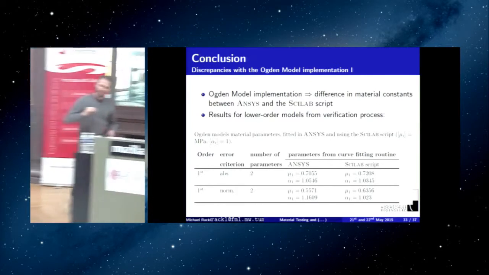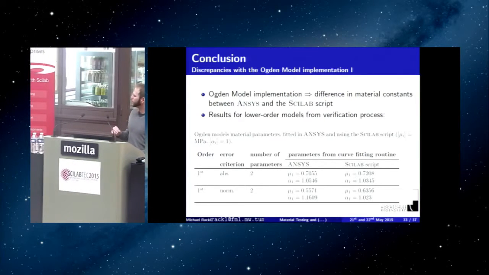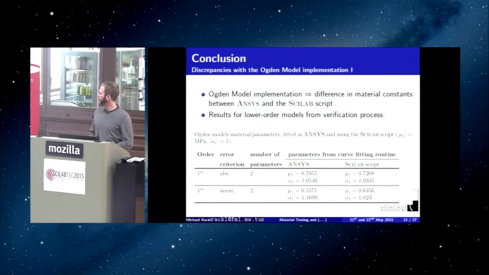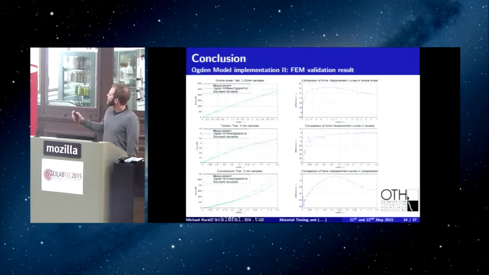So, to be honest, we couldn't really figure out what's going on, but the lower order models were all really close to the answers. Now, of course, we had a look in literature to see what's going on and maybe find out. We also checked the validation results. The results you can see here are the actual measurement results as measured in the material test.